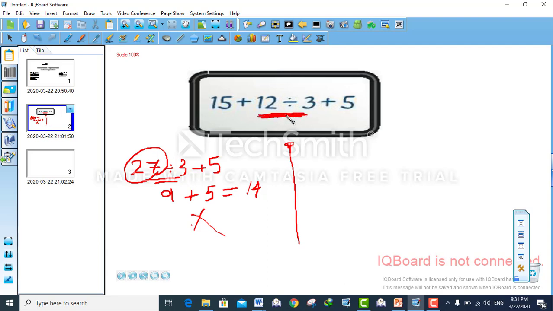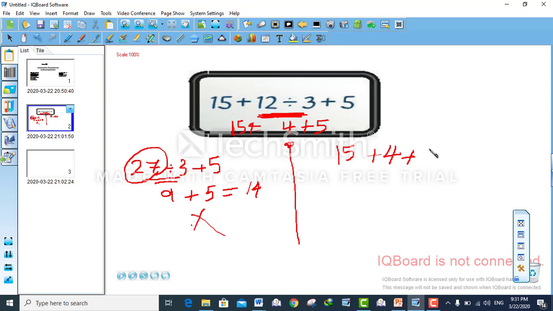So I have to start with this step. 12 divided by 3 is what? 4. Then I have to copy 15. Okay. Then here copy the 5. Now let's copy it here: 15 plus 4 plus 5.